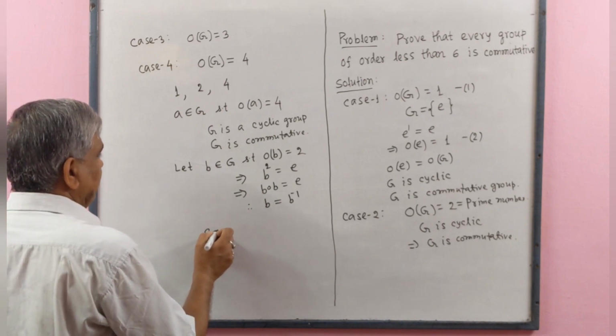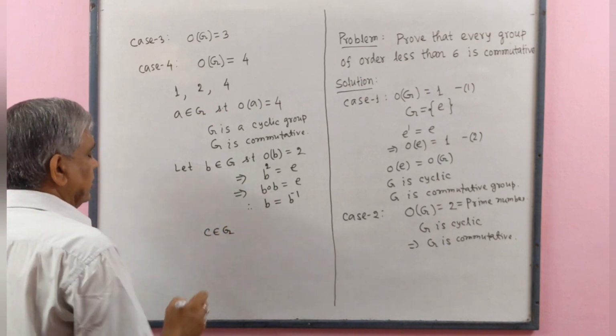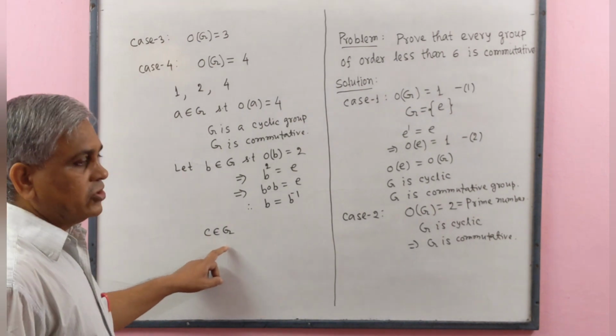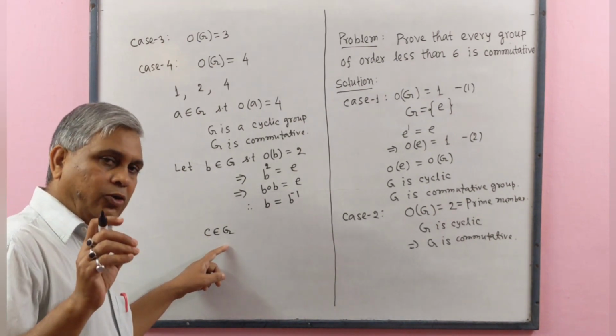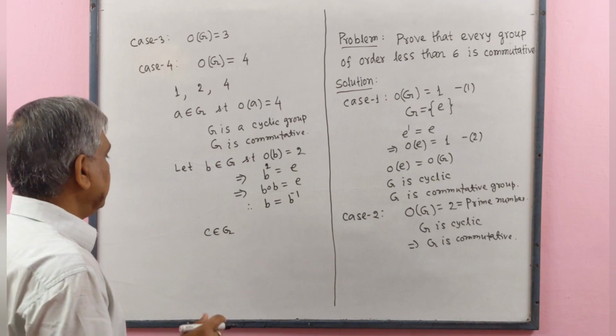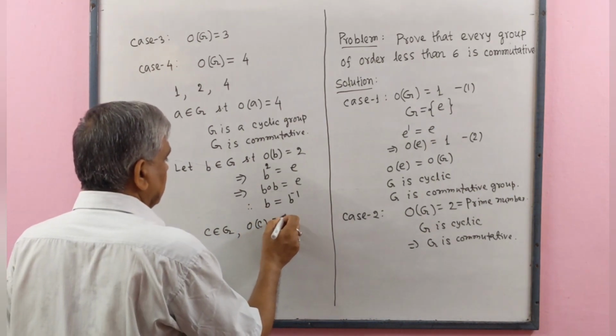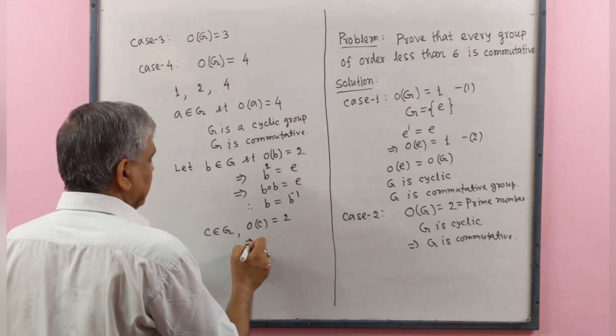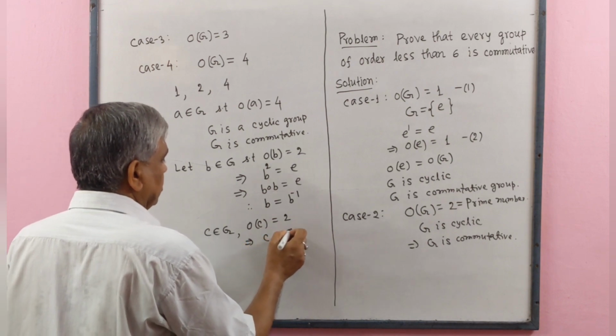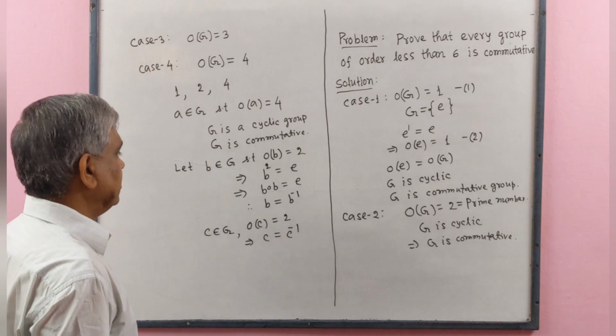Let c belongs to G. Therefore, c will be also of order 2. Implies that c equal to c inverse.